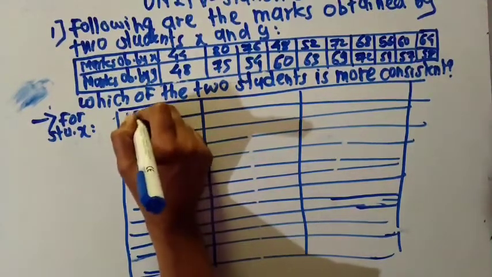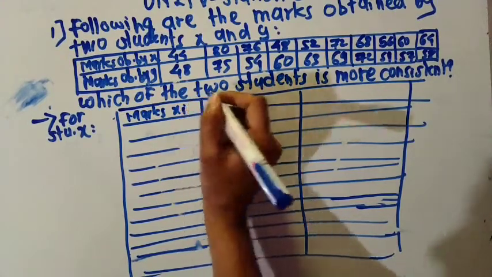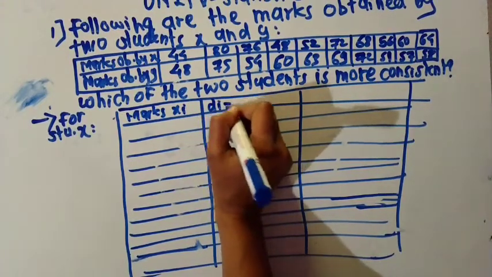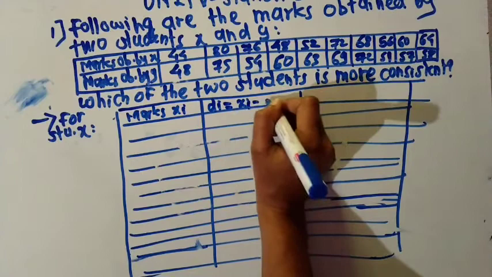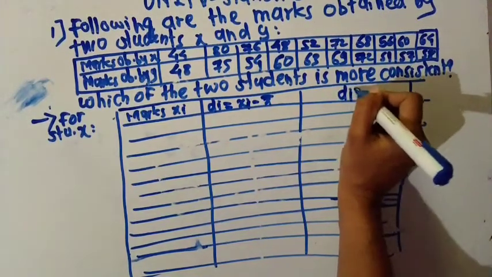In the first column marks xi, then find out di is equal to xi minus x bar, then di square.